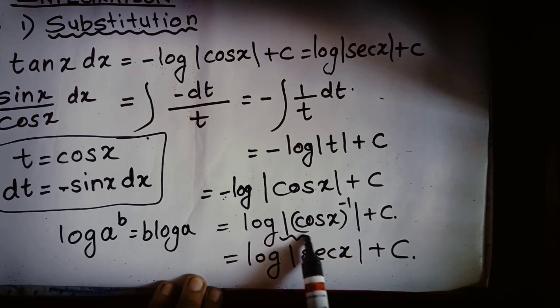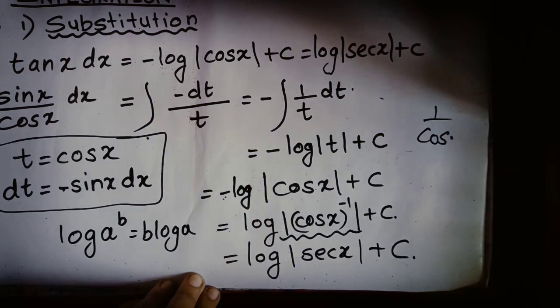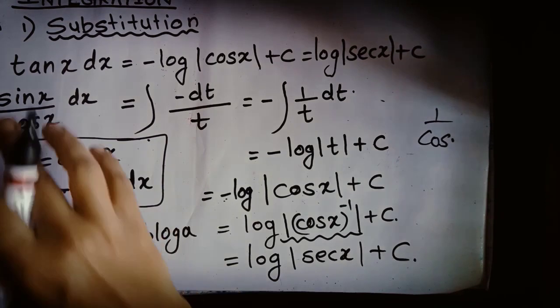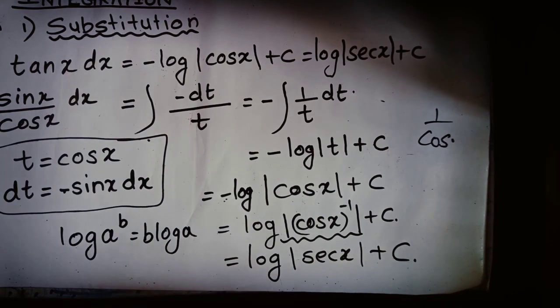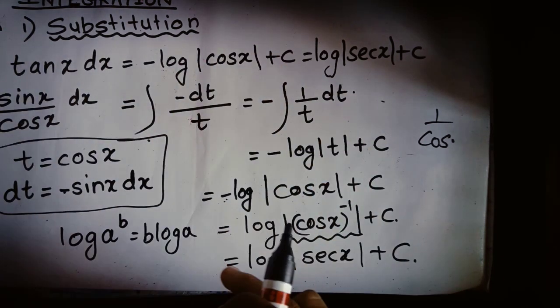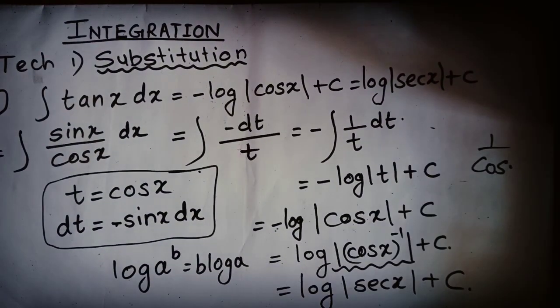So we got the standard result for tan of x. This you can add to your formula list: integral of tan of x is log of sec of x or minus log of cos of x. This you can write directly whenever there is an integration problem.